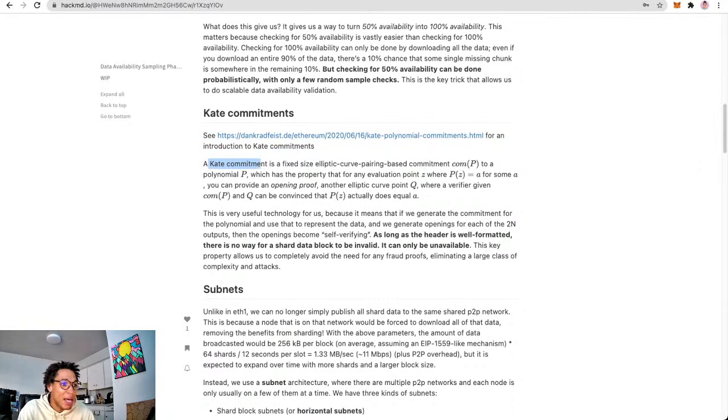So a Kate commitment is a fixed size elliptic curve pairing based commitment.